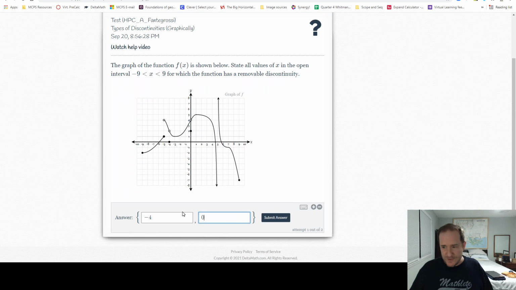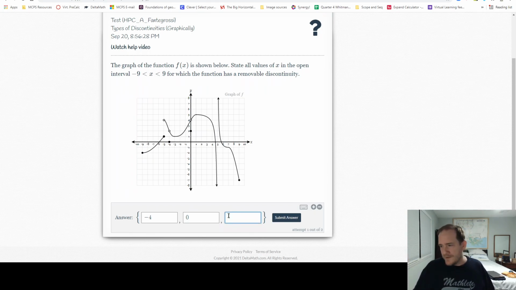This is also just a good way to signal that you're not giving the point -4, 0. You're giving two different x values, right? You're saying -4 and 0 are the two locations. So they put in braces. If you wanted to open another field, you just hit comma again. It just happens automatically.